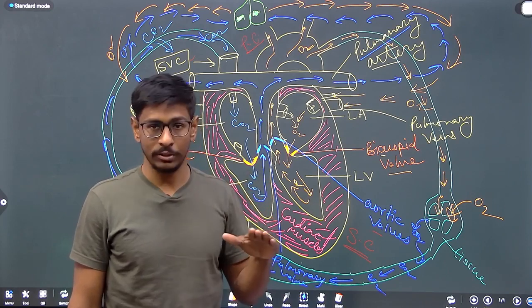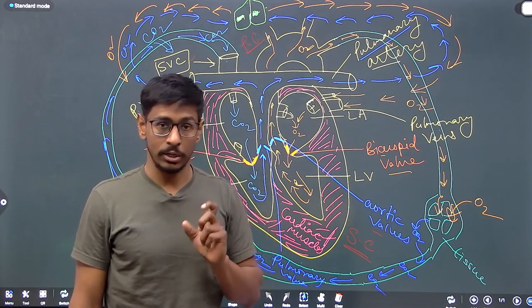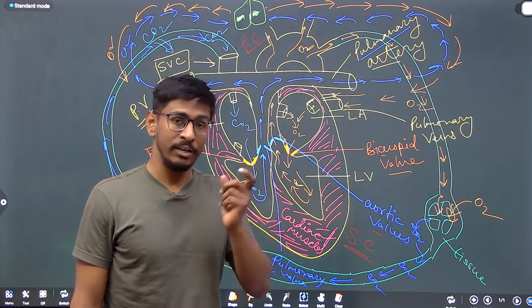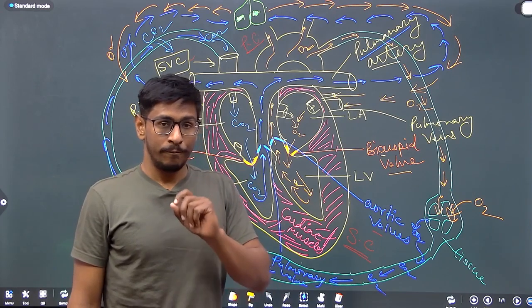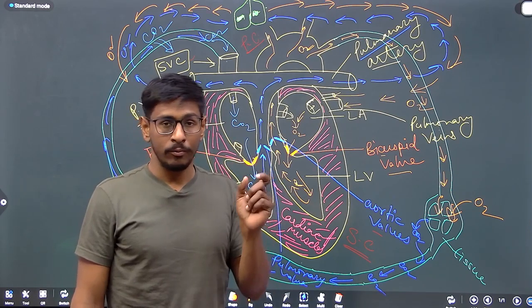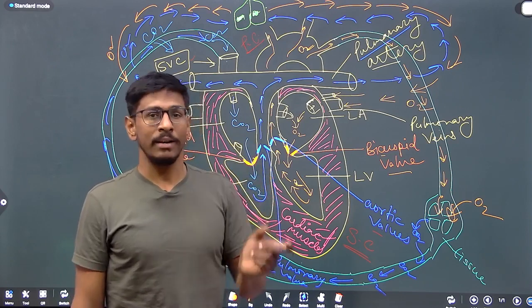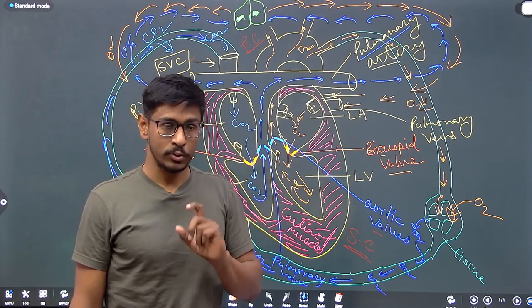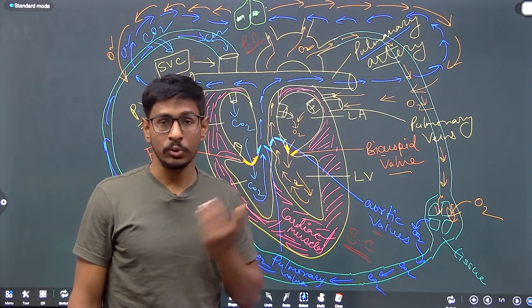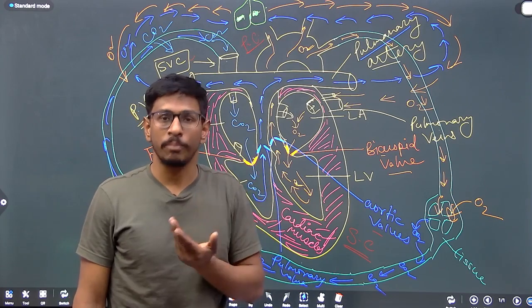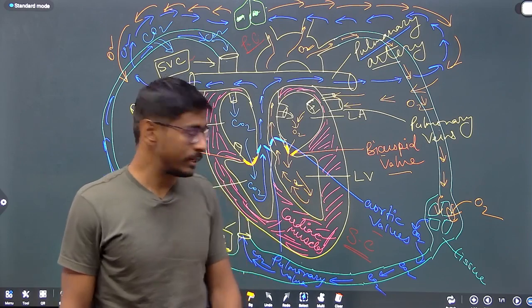They are involuntary, they are autorhythmic in nature, they are receiving a signal from a center which is itself involuntary in nature. So it is not in our control. We cannot stop our heart. It is as simple as that.